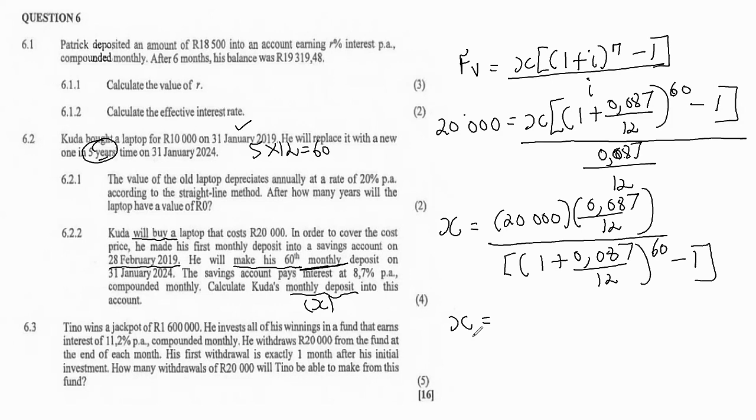Okay, so now when we punch all that into our calculator, we end up with 267.27. So this becomes our monthly deposit. So the monthly deposits that Kuda makes into this account in order to raise 20,000 to buy the laptop in 5 years' time. Okay, so now let's proceed to 6.2.